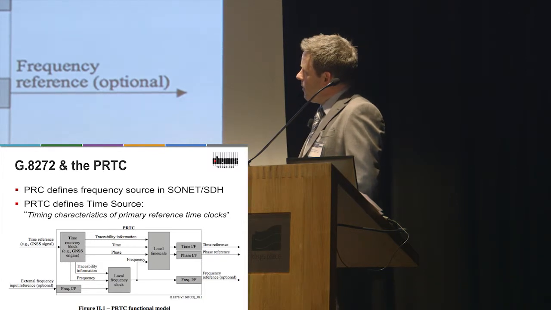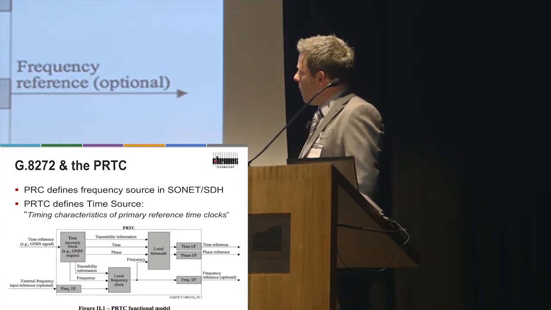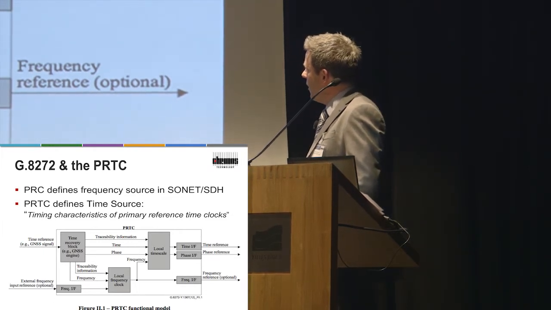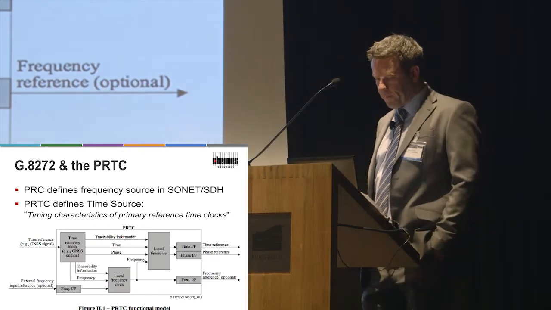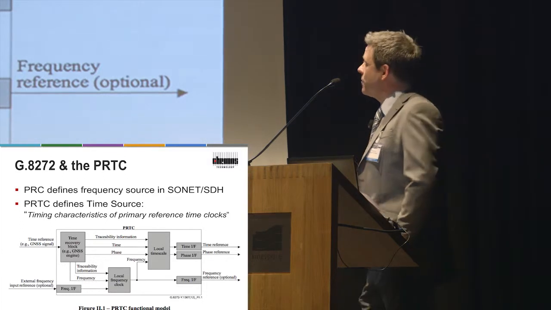And this is really taking a time reference signal, for example from GPS, and ensembling that information and then producing frequency and time and phase to distribute throughout the network. So this is a functional model of that PRTC.